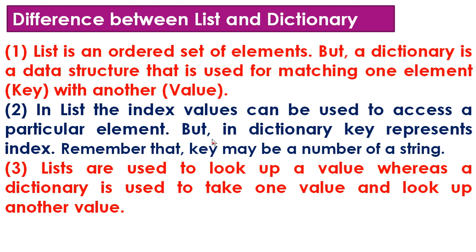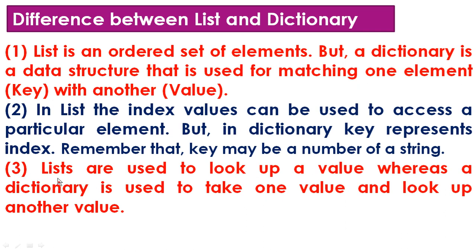For example, to access the mark, we use my dict of mark. To access the name, my dict of name. Here no index values are used for the dictionary, but in a list we use the index values. Remember that a key may be a number or a string.